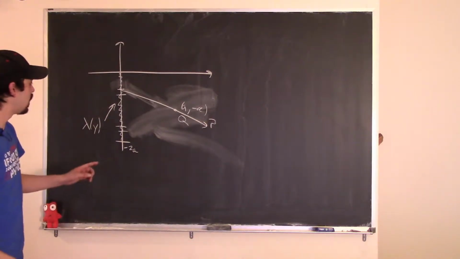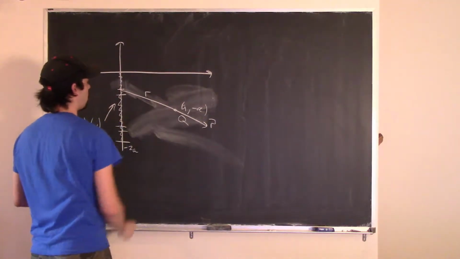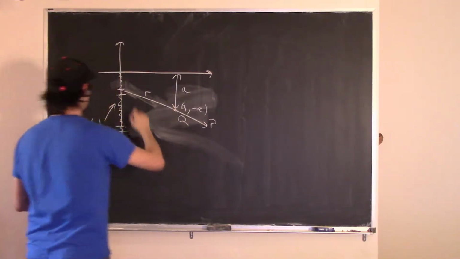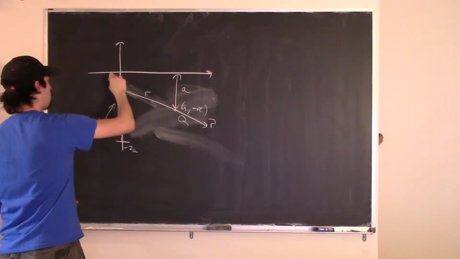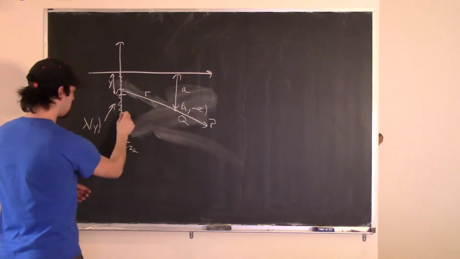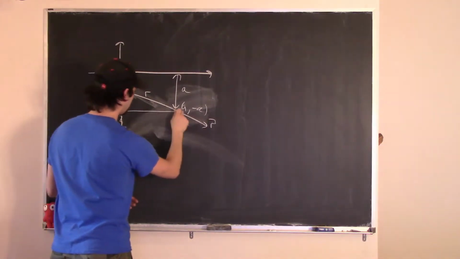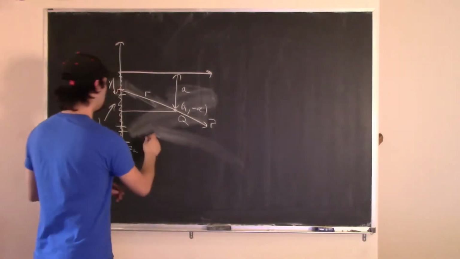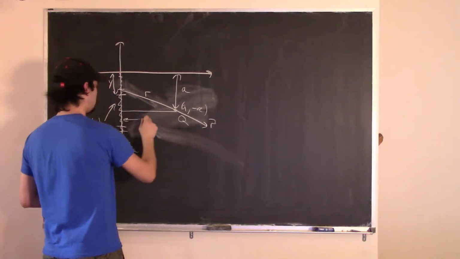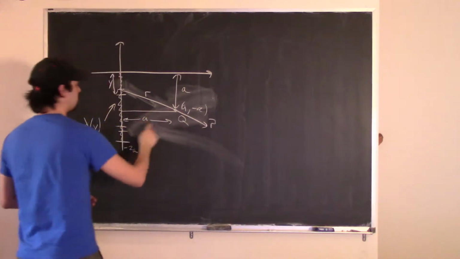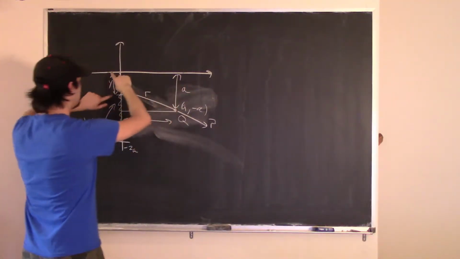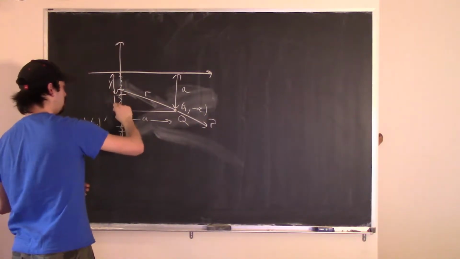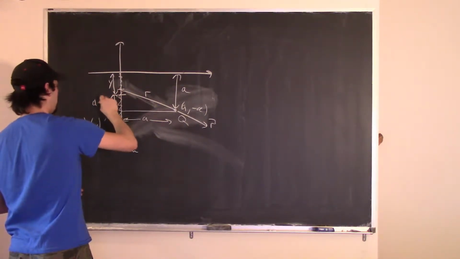Now, this is going to be the distance r. We know that this distance is a. This is the distance y. And so we can fill in a triangle here by drawing this horizontal line. This distance here is also a. Since this distance is a and this distance is y, this distance here is going to be a minus y.